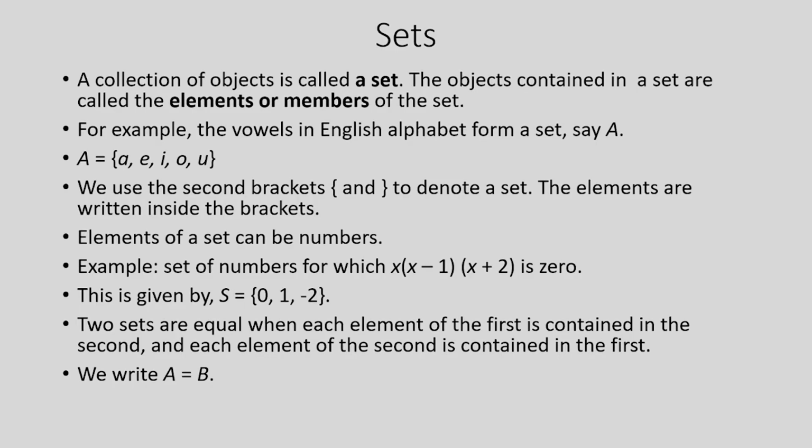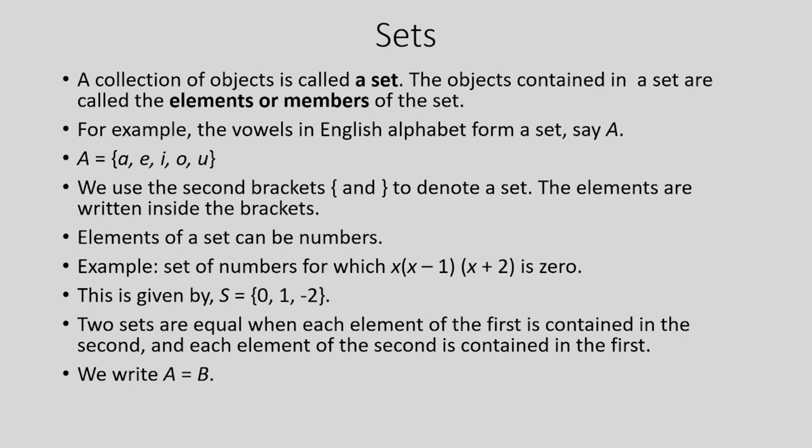So here is the first slide you can see on the screen. We are defining what is known as a set. What is a set? A set is a collection of objects. These objects must satisfy some property, otherwise there is no reason to put them together. So there must be something common among the objects of a particular set, and that particular property distinguishes this set from all other kinds of sets.